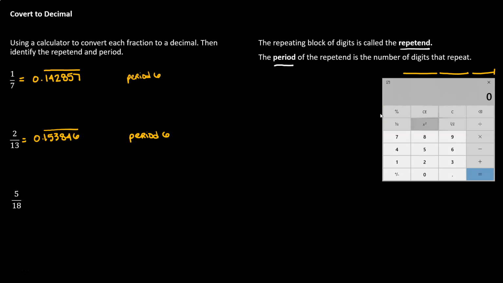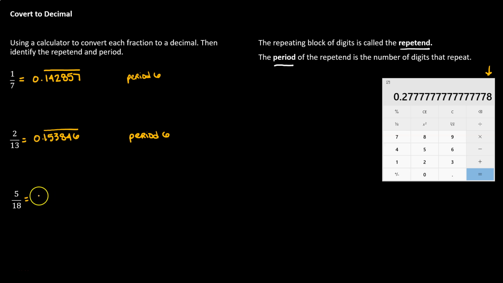We've got one more, and that's 5 over 18. So 5 divided by 18. In this case, we do have a lot of 7s here, but the very last digit is not a 7, it's an 8. But if you had thought about rounding this number earlier, you could convince yourself that 8 is probably just representing that the 7s continue beyond the place value that the computer is able to show.